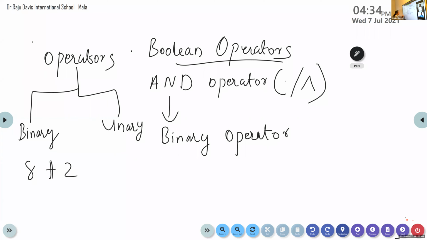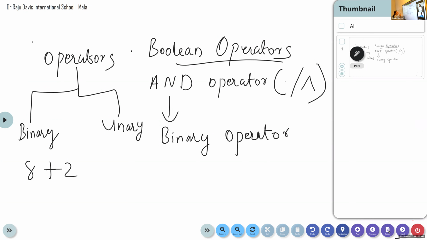Here plus is the operator. This plus will work only with two values. Minimum two values are needed. Maximum, any number of values we can use, but minimum two values are needed for this plus operation. Is it correct?